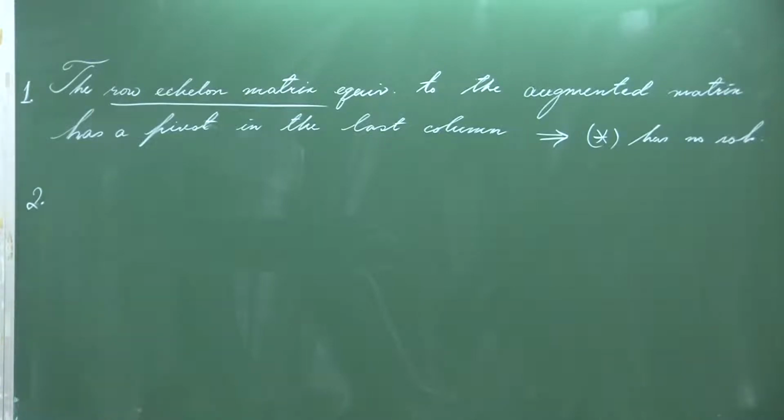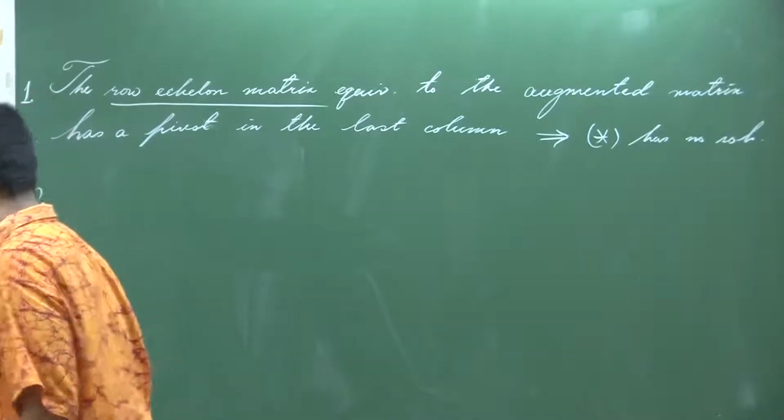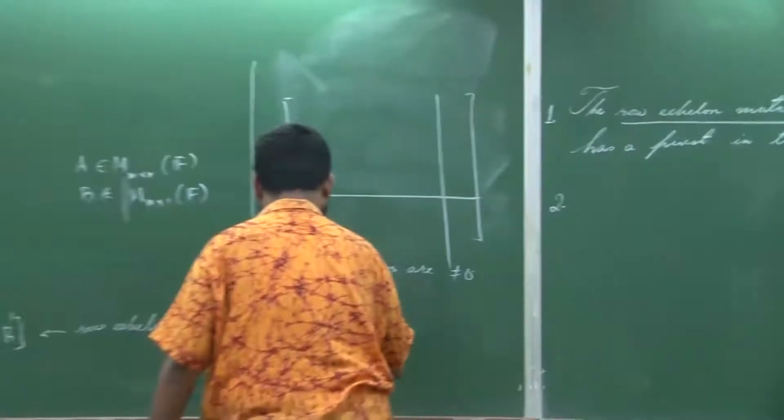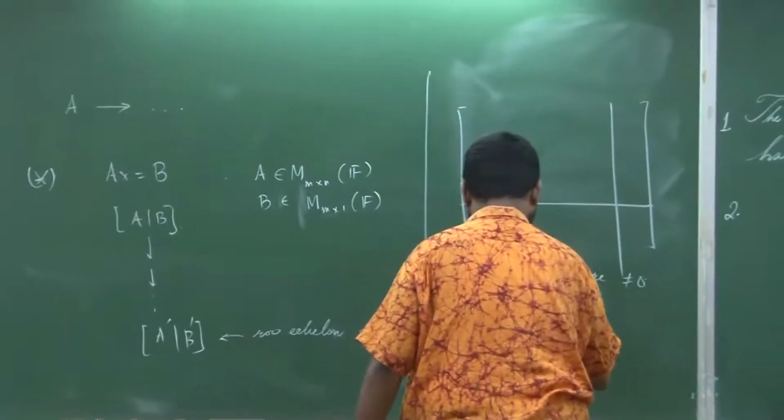As I said, let us assume that for some r, the first r rows are non-zero and the rest are 0.